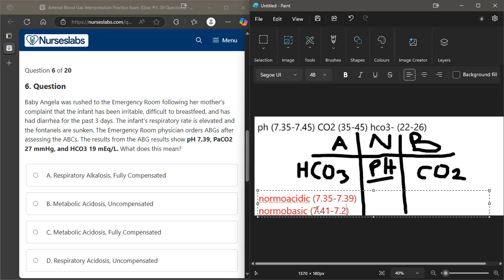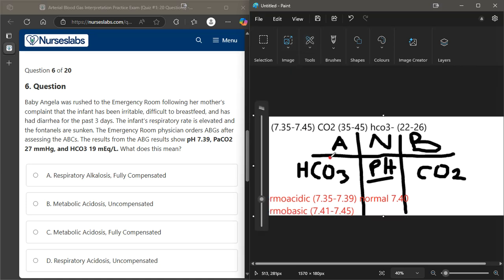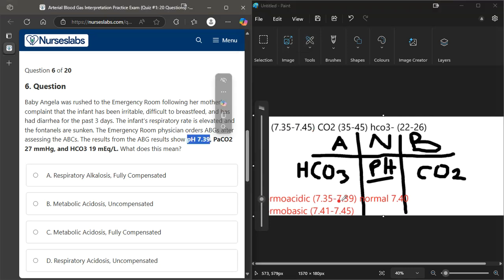So in this case, we are having pH as what? 7.39, which falls under the acidic side. So it's normal, but it's falling more under the acidic side.